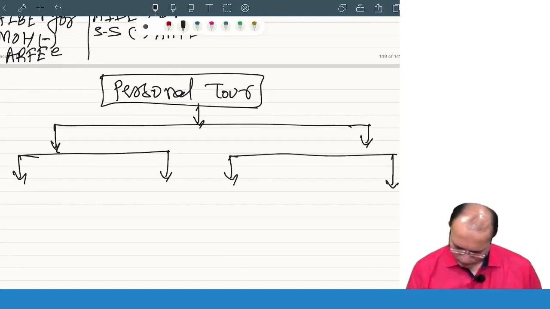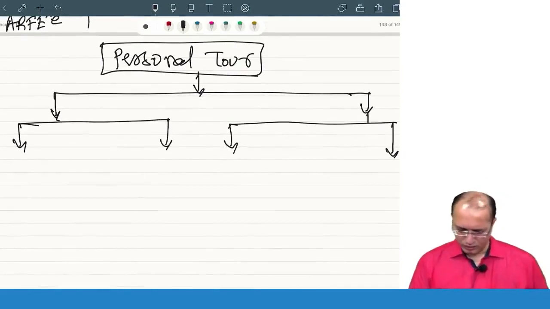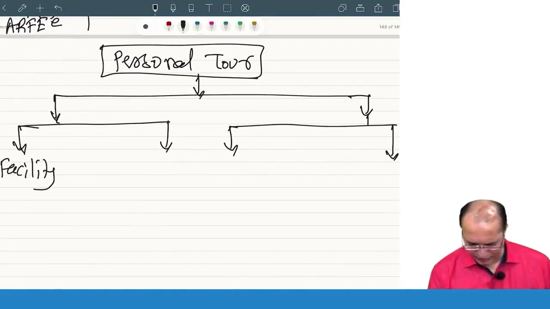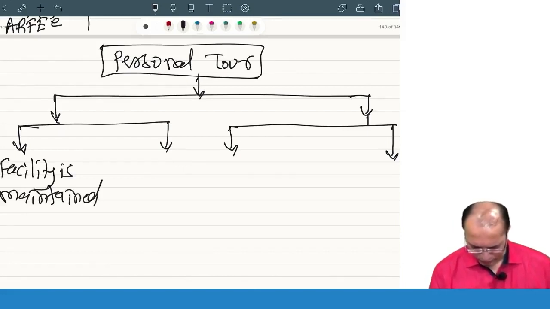Here we say that the first possibility is facility is maintained by employer.